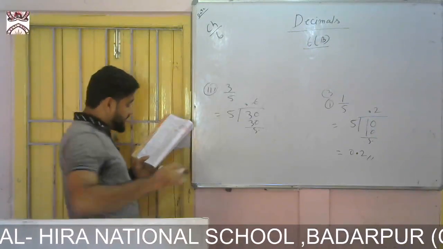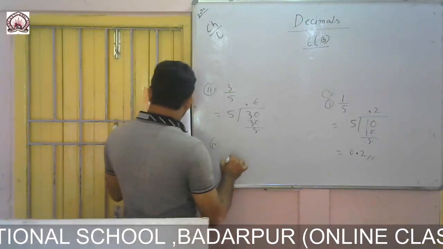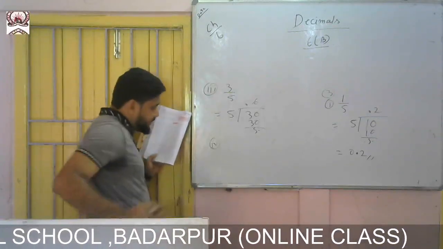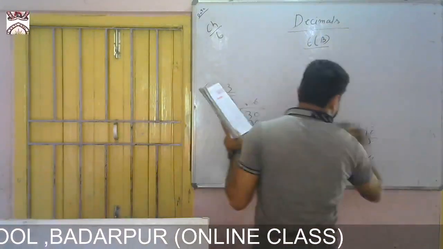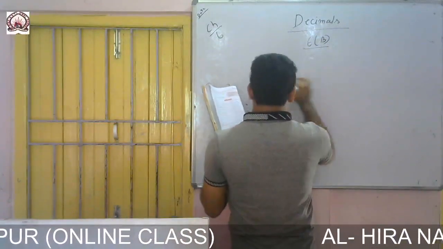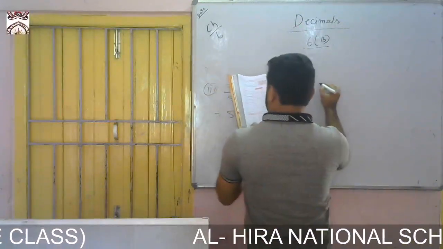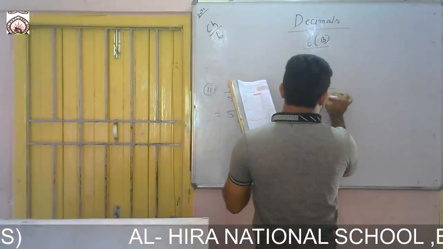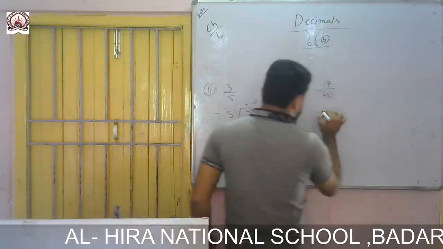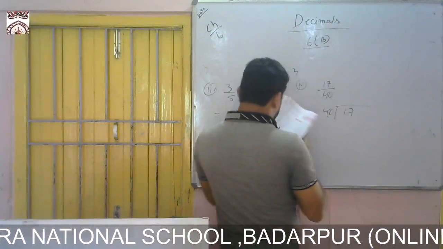Now come to question number 4. Question number 4, you see here. What is there? 17 by 40. So 17 by 40 you divide it. 17 is not divisible.